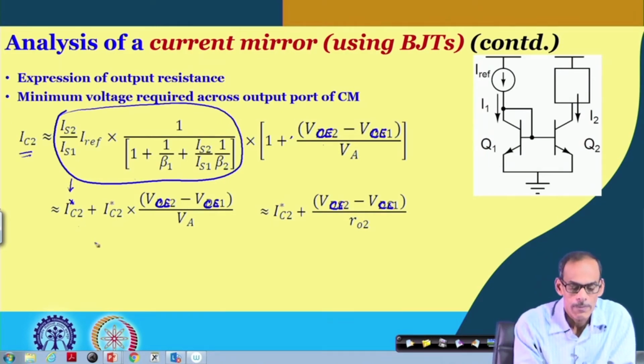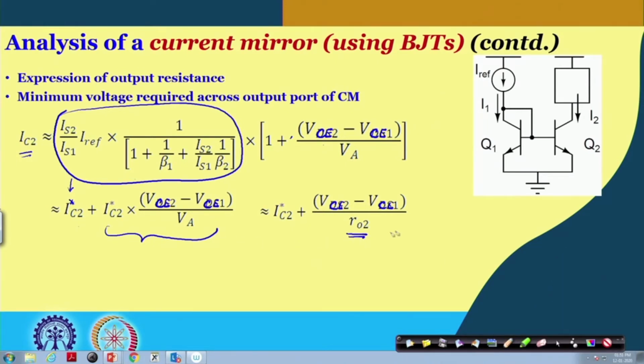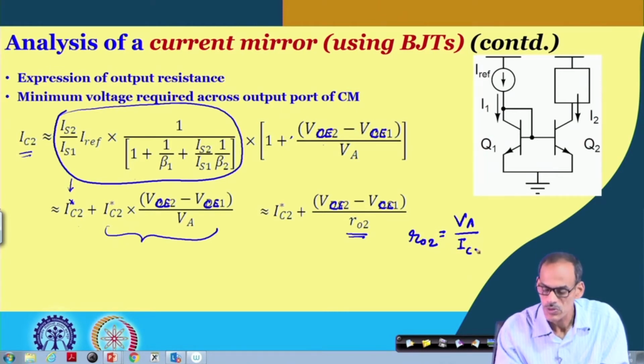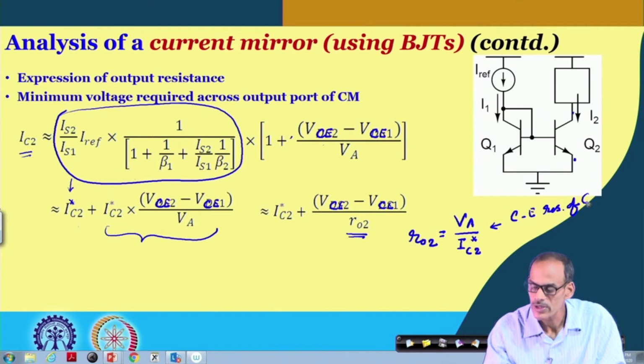Now, this part can be expressed in terms of this VCE difference divided by RO2, where RO2 is equal to VA divided by IC2 star. In fact, that is the collector to emitter resistance of transistor Q2.